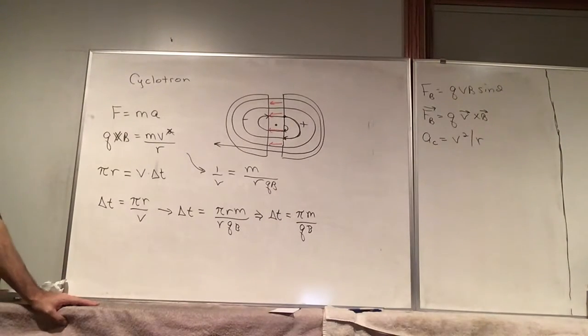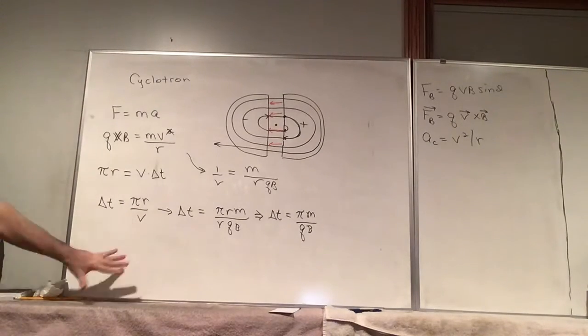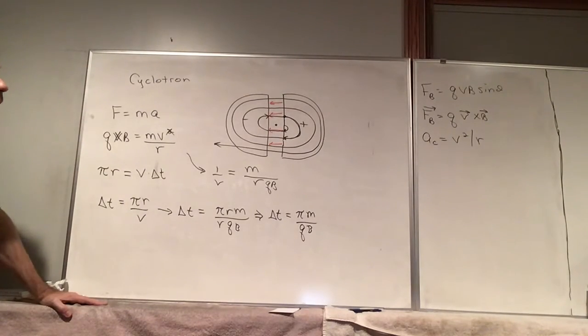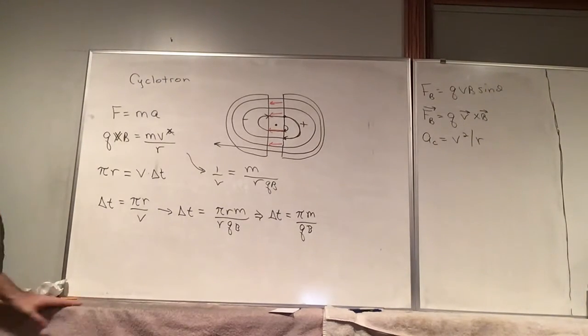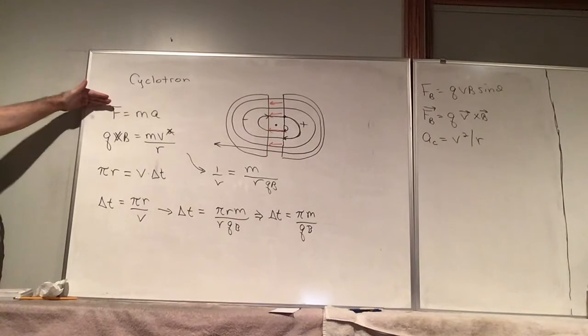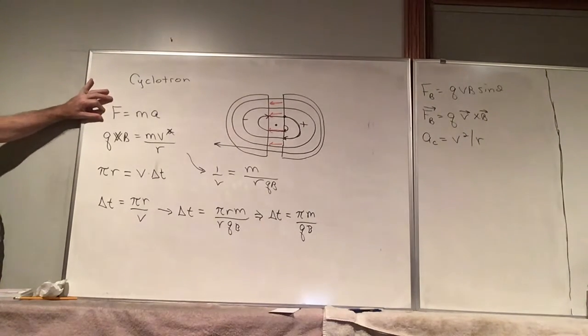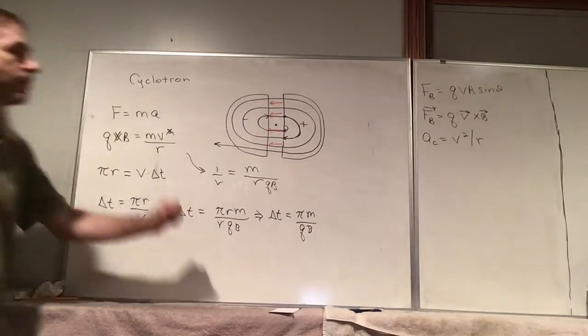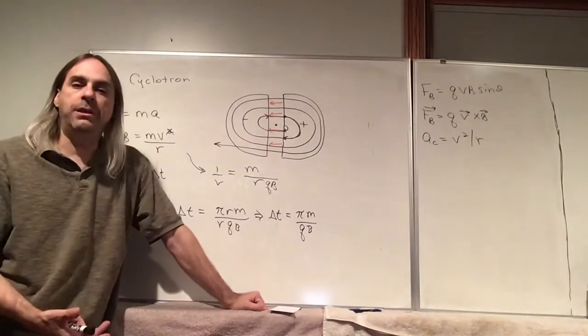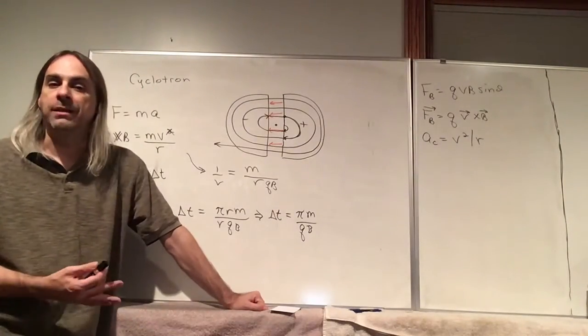However, there is another fundamental limit to the cyclotron. And that is, this analysis here is actually not 100% correct. Just starting here with F equals ma, the reason why is that this is Newtonian mechanics that we're using. However, at high speeds, Newtonian mechanics breaks down.